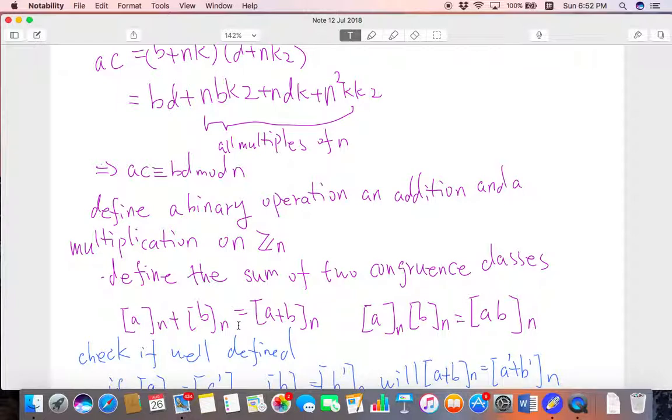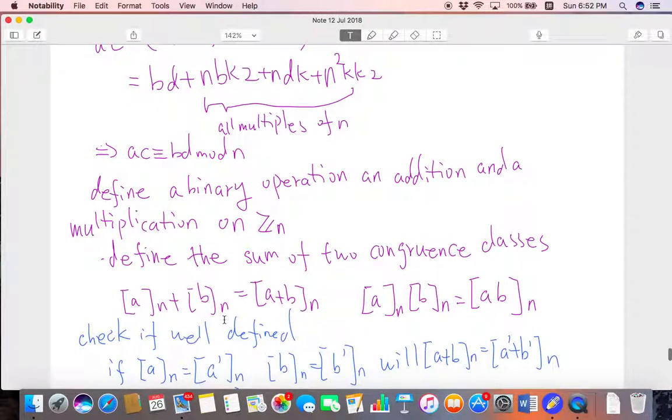The first thing is to check that it is well defined. Certainly this is closed, because what they add and what they multiply are still in the same set of congruent classes. The result is always a congruent class, so it is undoubtedly closed.